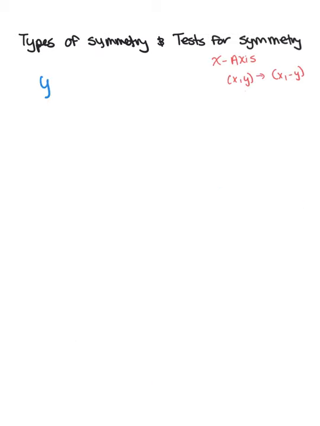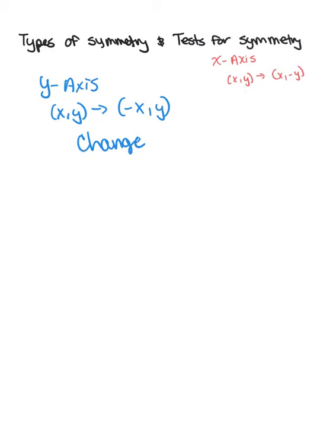Okay, for the y-axis, we're going to keep the y the same, and we're going to negate x. So that means we're going to change the x value. If it's positive, we're going to make it negative. If it's negative, we're going to make it positive. So for instance, if I have the equation y is equal to x to the fourth minus 4x squared, we're going to keep the y the same and change the x.